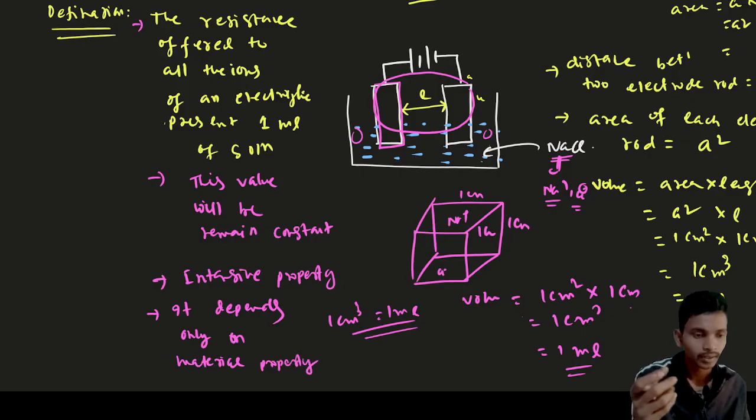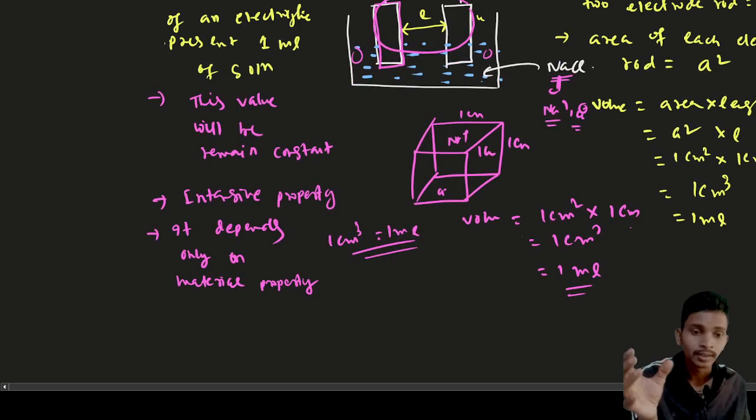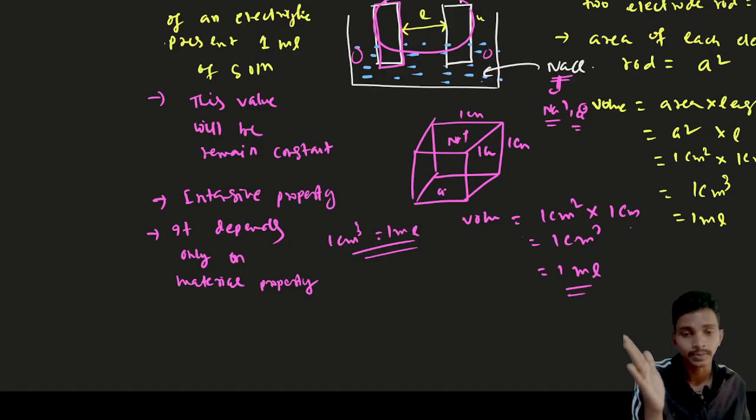It means if gold is there, then the specific resistance value may differ, and for copper the specific resistance value may differ. If you change the electrolytes, or if you change the substances, then only the specific resistance value will change. Otherwise, if you do not change, then the value will remain constant.